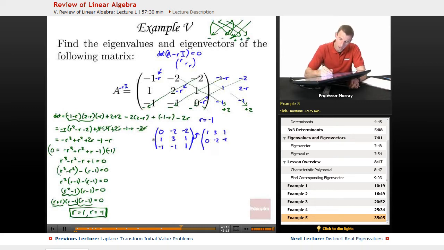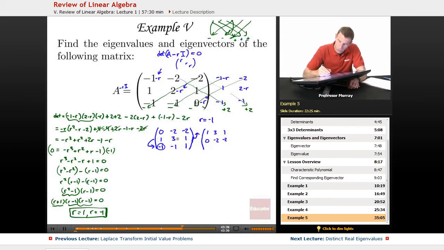And I'm going to use that 1, 3, 1 row to clear out this negative 1. So I'm going to add one copy of the middle row to the bottom row. These are elementary row operations that we learned how to do in linear algebra.